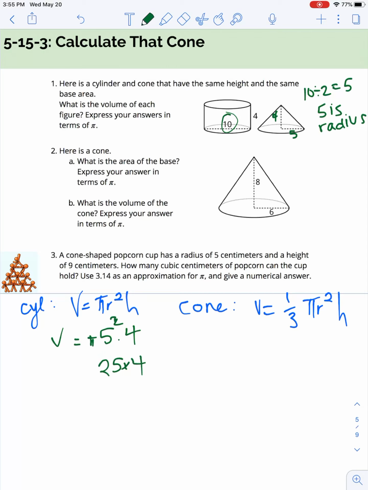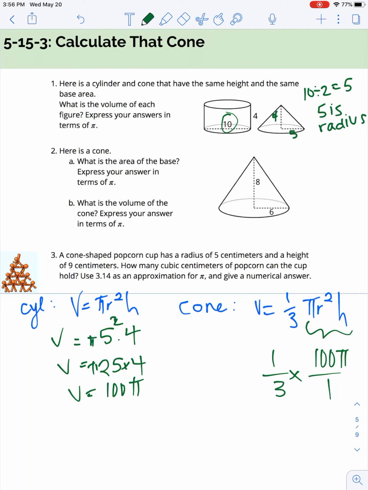If you have 4 quarters, you have $1. So 100. Oh, shoot, don't forget your pi. 100 pi. You can move the pi over, or you can keep it; it doesn't really matter. So that's for the cylinder. Since you know this whole thing is 100 pi, for the cone you're just multiplying it by 1/3.